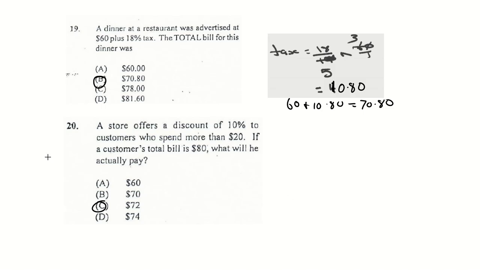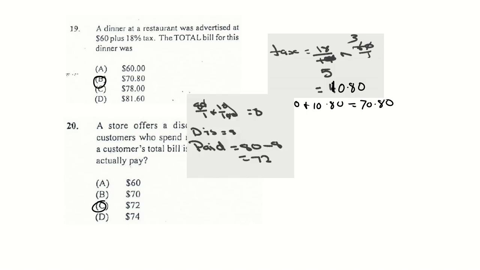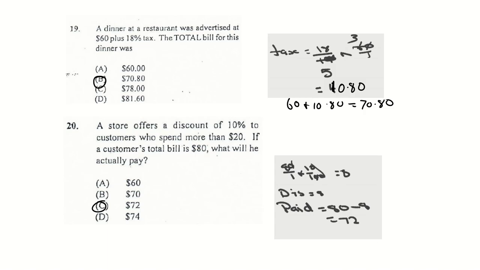For this one, your discount is 10% of 80, which is 8, so he will pay 80 minus 8, which is 72.